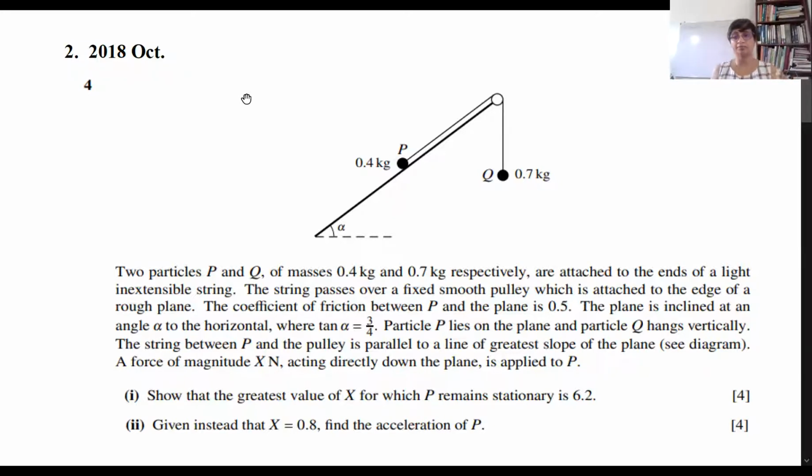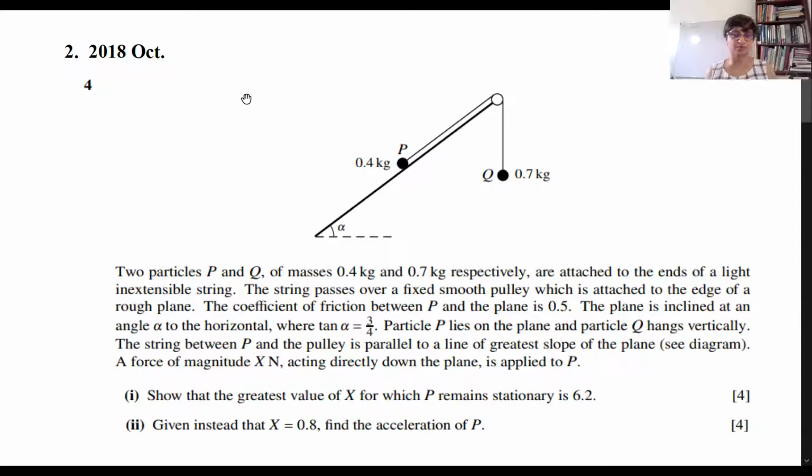So they say that you are applying a force X directly down the plane. To stop it from moving, you have to pull on particle P, and we found the greatest value that external force X can be in order to keep this stationary. So we did that part. Then, given instead, the value of X was, it's a show question, 6.2.